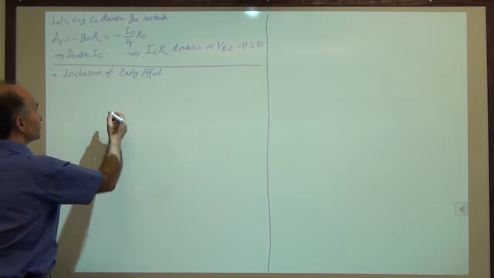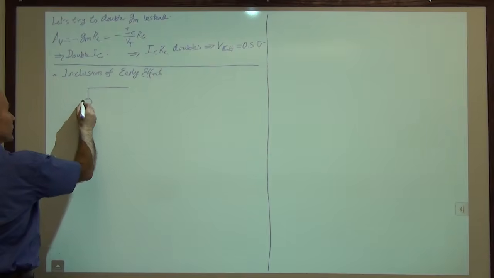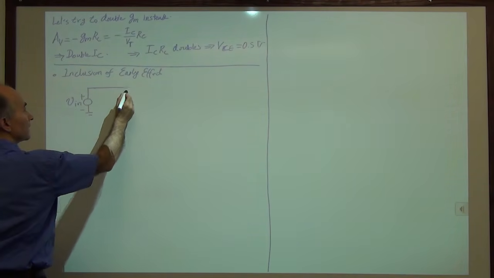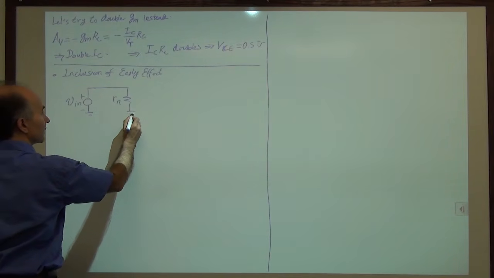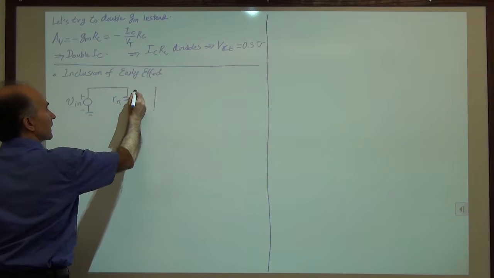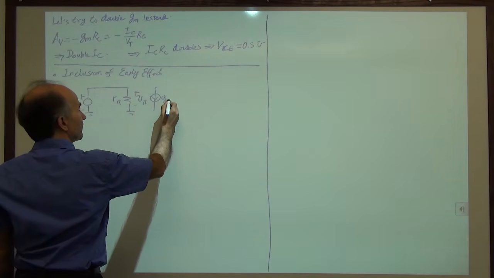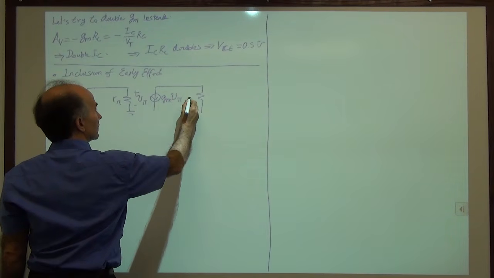Okay, so I will draw the small signal model of the circuit. So here's V in, going to ground, R pi, going to ground. It has a voltage of V pi. Then we have GM V pi. Then we have RO.